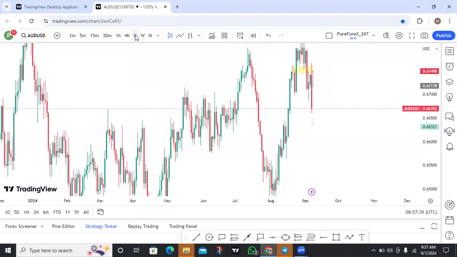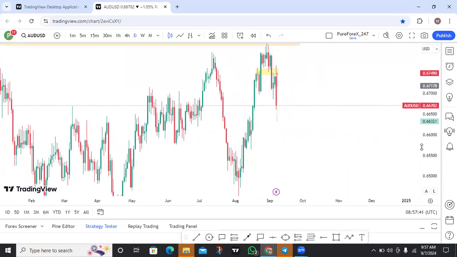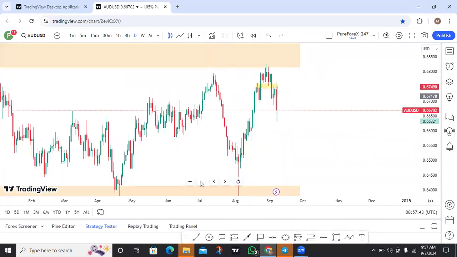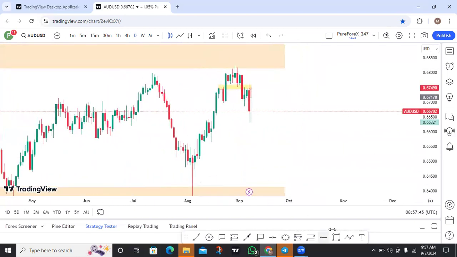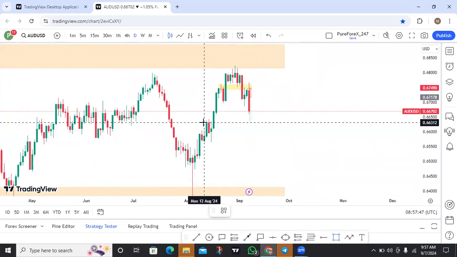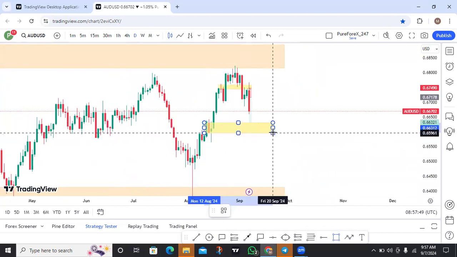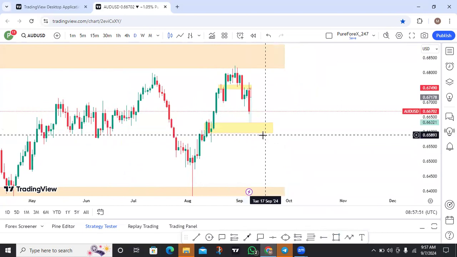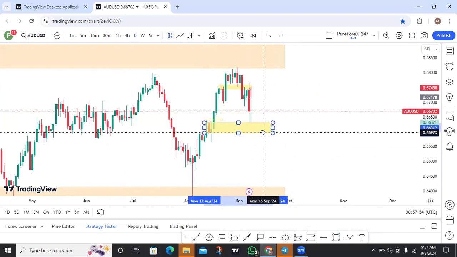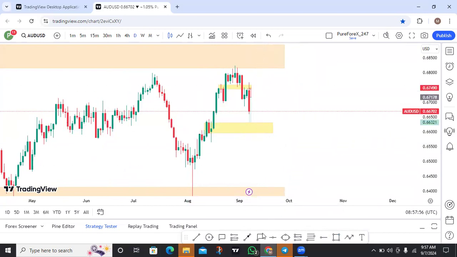On the daily time frame as well, the market can drop to this level here. On the daily time frame, we have this supply zone here and a demand zone here. Definitely, when the market gets to this demand zone, if you are still holding your trade, we are going to experience a huge retracement before the market can finally break down, or we can have a huge retracement and the market starts going up.